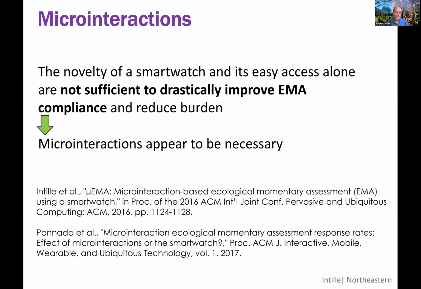So it resulted in an awful lot of prompting for the individuals in this study, both regular EMA and micro EMA, and a lot of passive sensing. These were emerging adults, 18 to 29-year-olds.